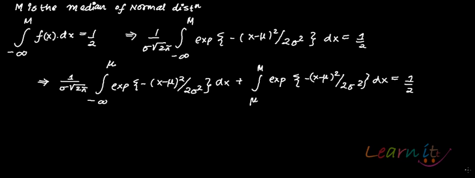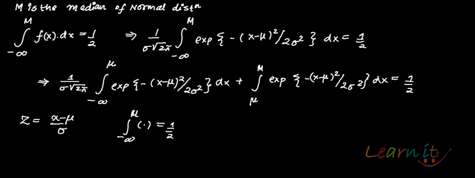Now if you convert this into a standard normal variate, where the standard normal variate is given by x minus mu upon standard deviation, then minus infinity to mu should be equal to half.